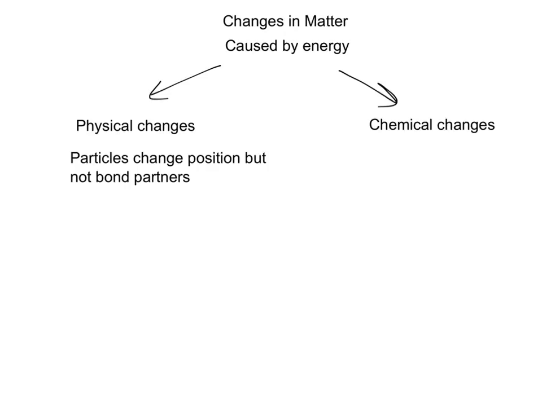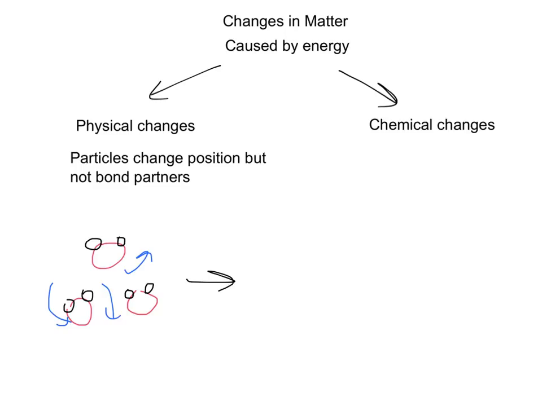So let's think about, for example, a molecule of water. So I'll make oxygen, that black atom, and 2 hydrogens on the top. If I were to take water in the liquid state, hold on. There we go, some water in the liquid state. Those are 3 water molecules rotating around each other. A physical change would be something like heating it up so that the particles spread apart and turn to a gas.